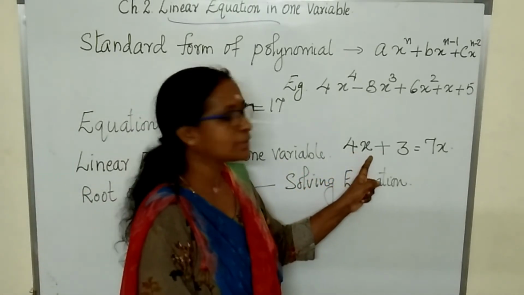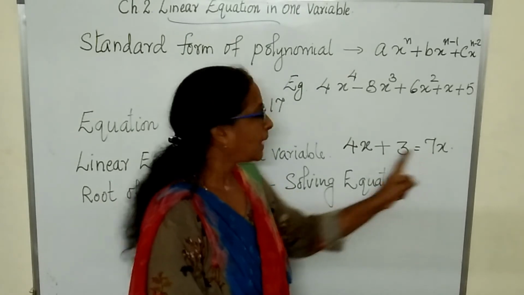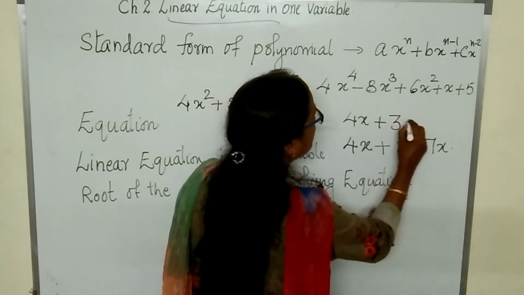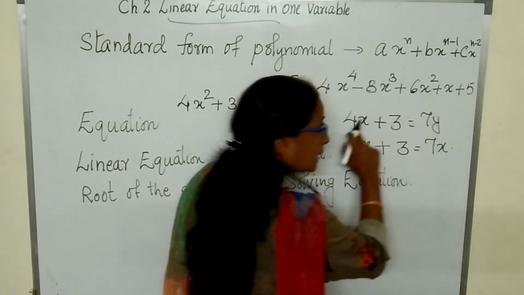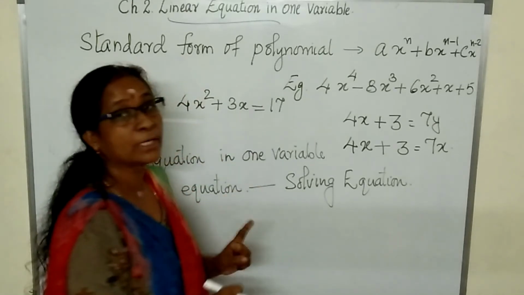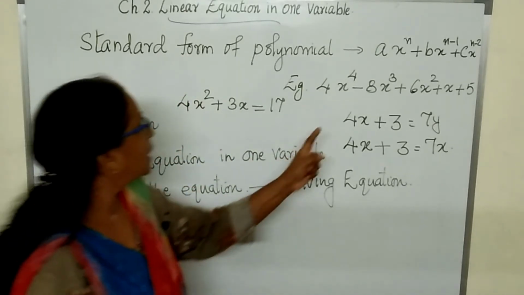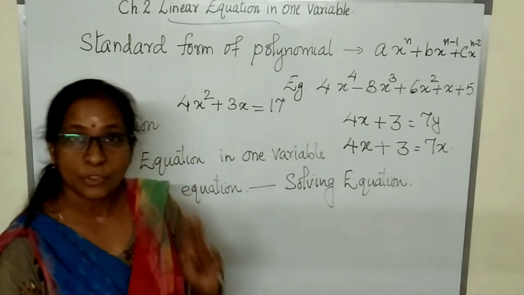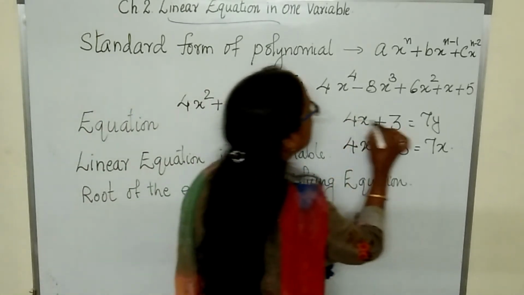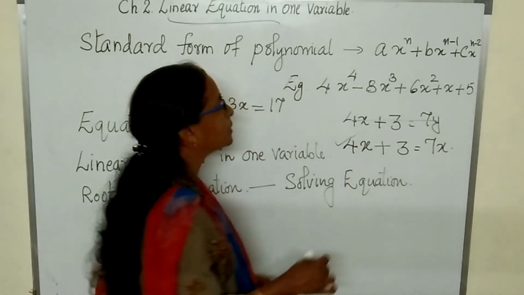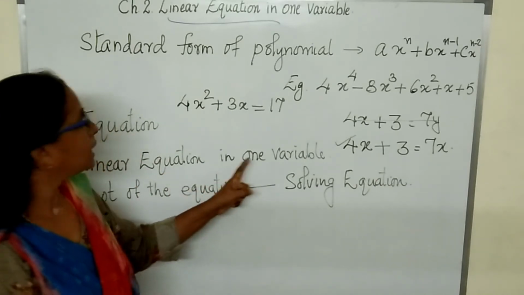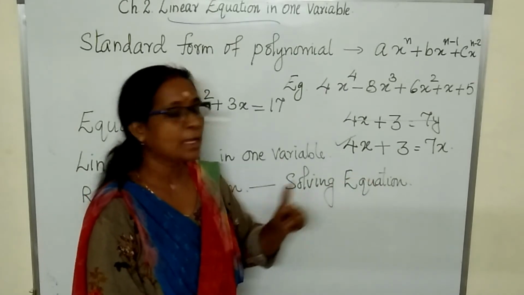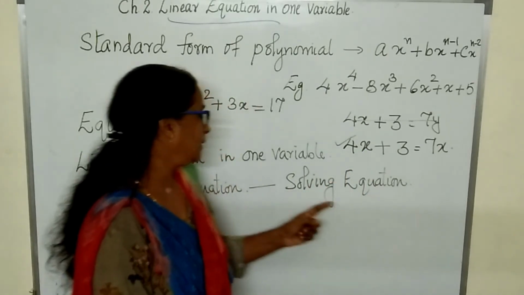See, only one variable is there, x. Here also x. But if you write 4x plus 3 is equal to 7y. It is a linear equation, but it is not a linear equation in one variable. How many variables are there here? Here x and here y. So it is a linear equation in two variables. So we are not going to learn this. We are going to learn this. Okay. What is a linear equation in one variable? An equation in which the power of the variable is 1 and there is only one variable.